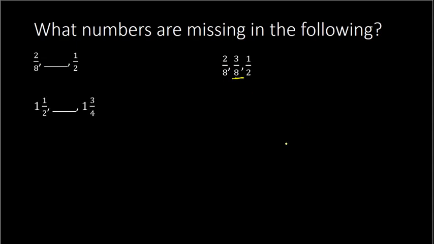Now what about 1 1/2, a blank, and then 1 3/4? Again, we can find a common denominator where we create the 1/2 as something over 4. That's going to be 2 over 4, because 2 times 2 is 4 on the bottom, 1 times 2 is 2 on the top.